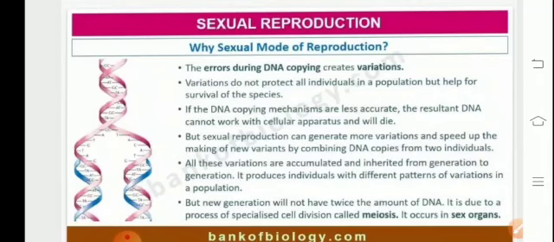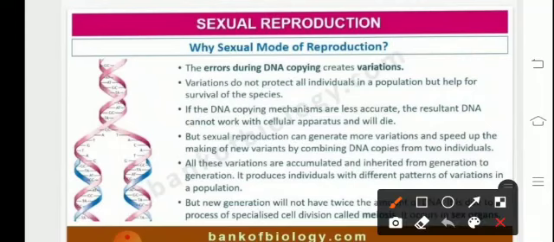Variation will not protect all the individuals in a population, but it guarantees better survival chances because the environment keeps on changing. And thus, the organism needs to incorporate or induce variation in them so as to ensure their survival. When we talk about the DNA replication, it takes place in a semi-conservative manner.